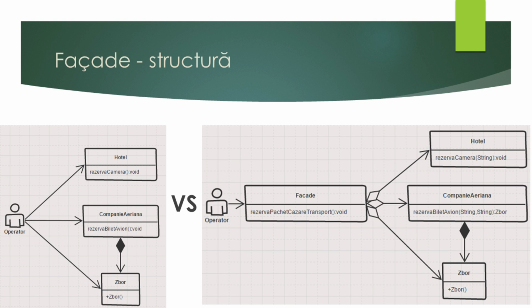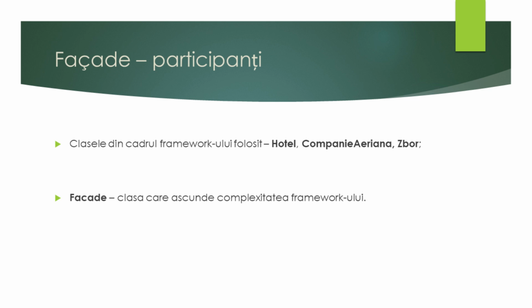Now the source material mentions these things called framework classes and a facade class. What are those? In the context of our pizza analogy, the framework classes would be the individual components of the pizza. You've got the dough, the sauce, the cheese, the toppings. And then the facade class is like the pizza place itself.